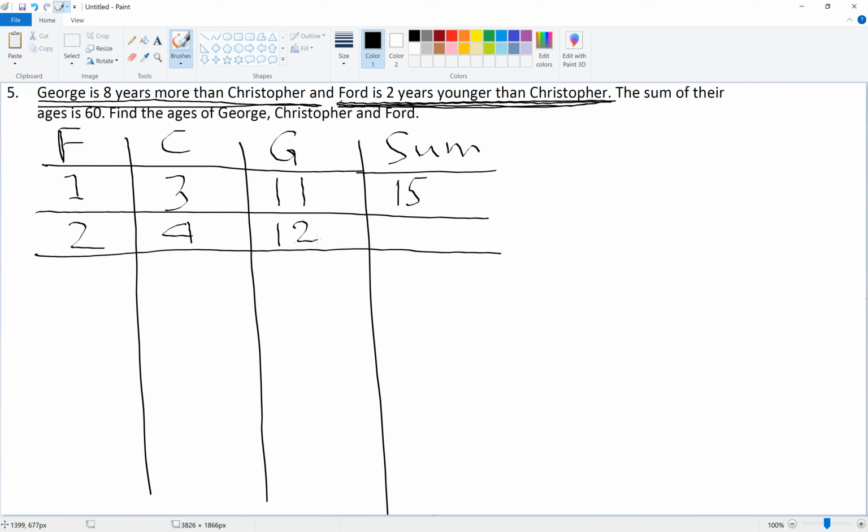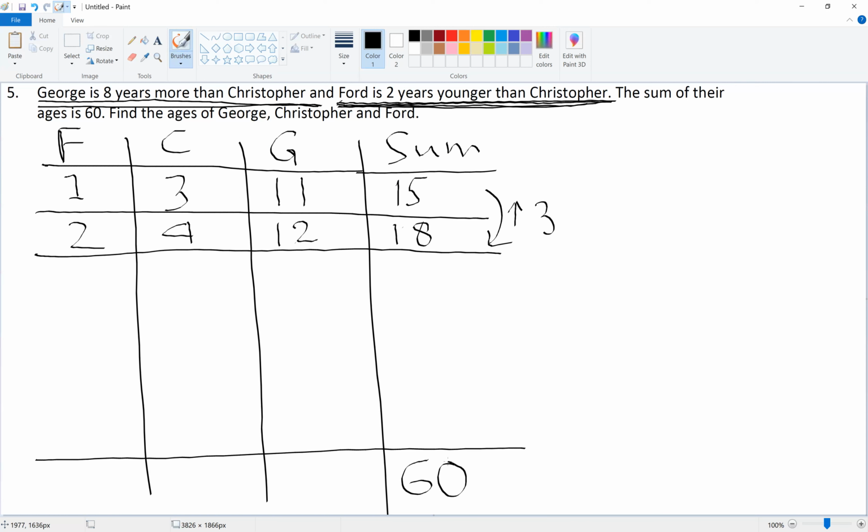What is the sum? 18. How much did it go up by? It went up by 3. And what is my goal? It's 60, isn't it? Yeah.